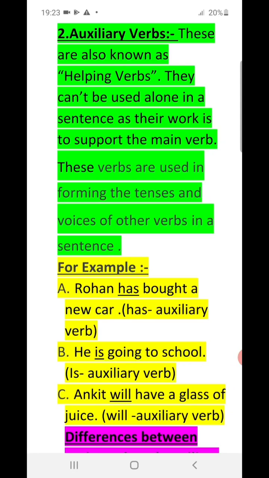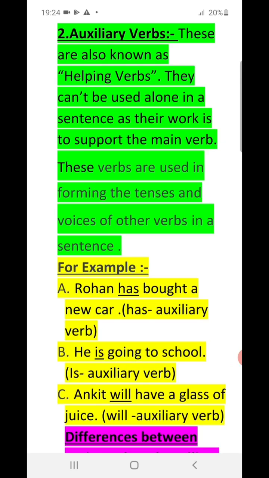Next, number C. Ankit will have a glass of juice. Will over here is the helping verb or auxiliary verb, and have is doing the work of the main verb. Now Ankit will have something, will have a glass of juice.